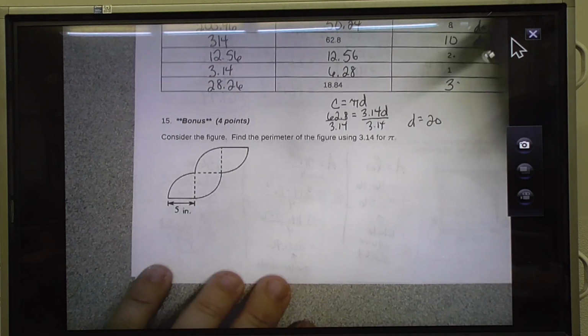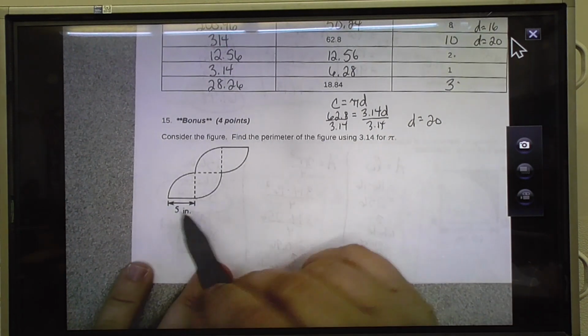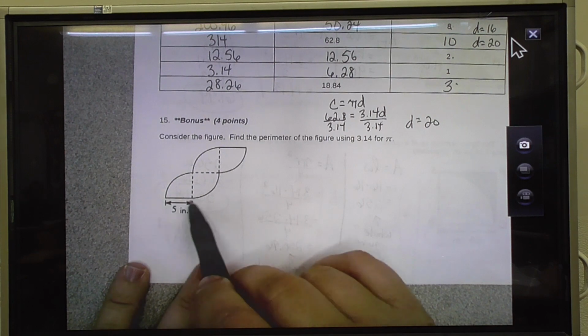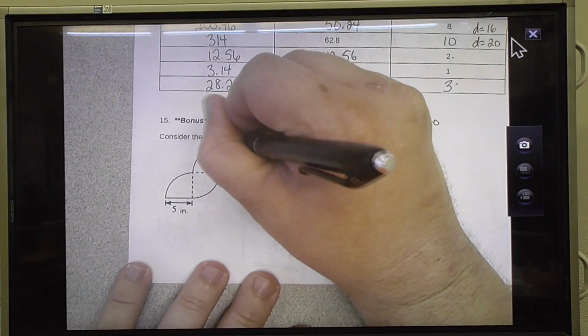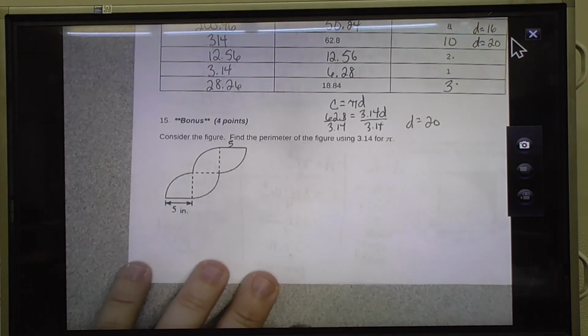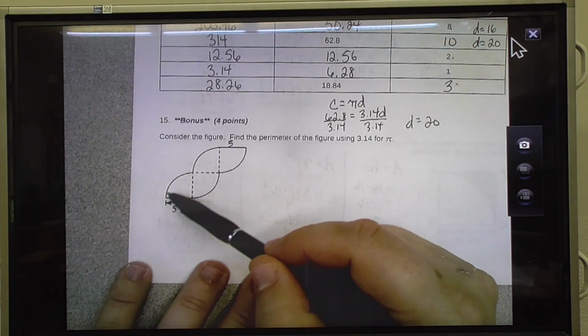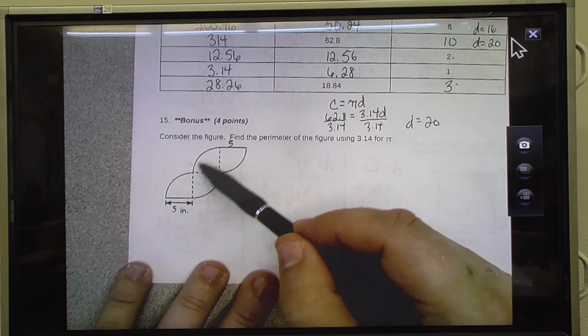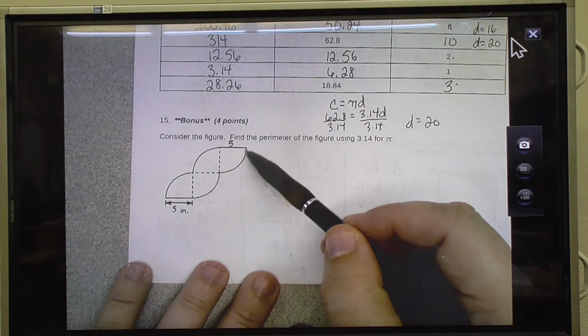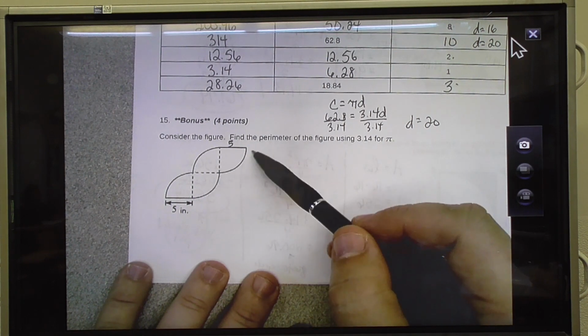Alright, and then our bonus, the last one. They want me to find a perimeter. They only give me one number right here. I know this straight line right here is equal to 5. So that means that this line right here is also equal to 5. What I need to do is find out what these curved lines are equal to. And all of those curved lines look like what type of shape? Quarter circles.